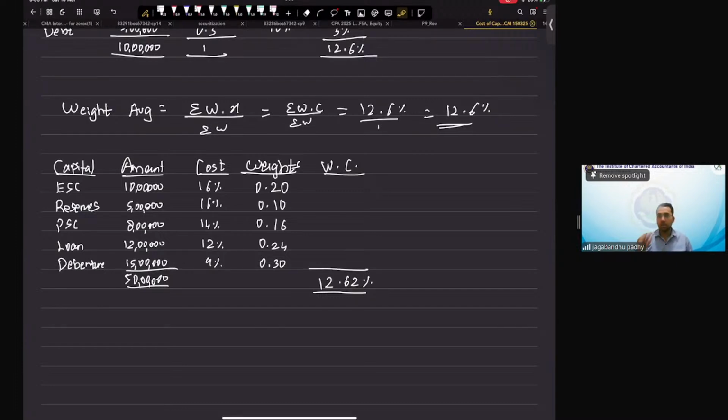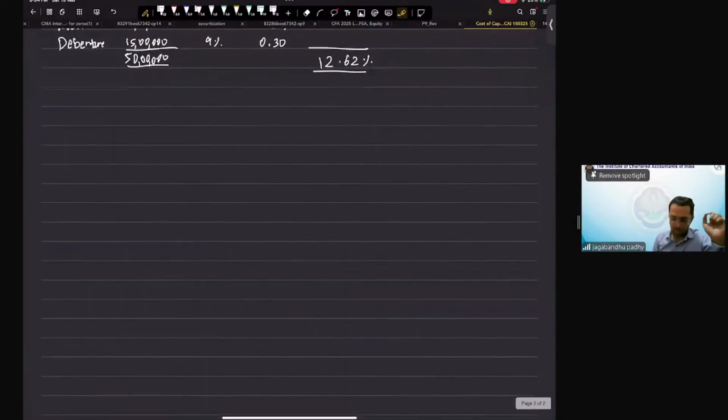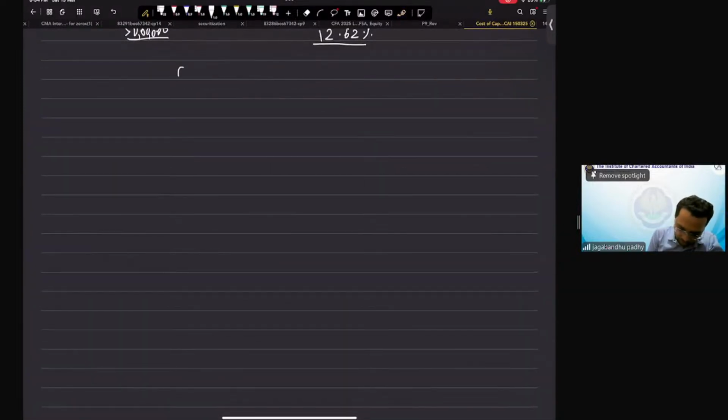Right. So that's our next agenda, by the way. We need to calculate each of these numbers. We need to know how to calculate the cost of each of these items. And in that, we are going to get started right now with the methodology to calculate cost of debt.